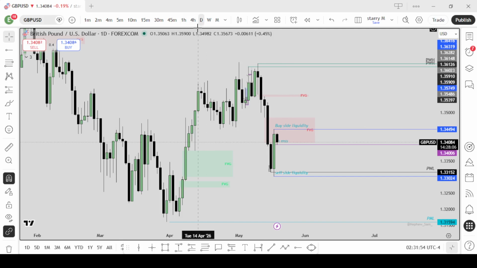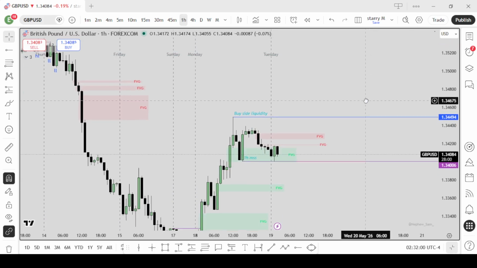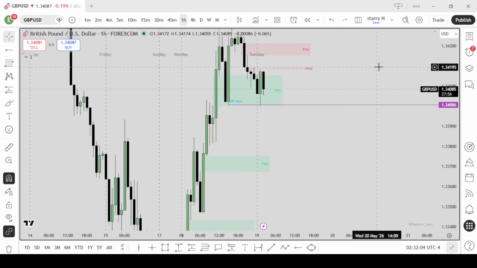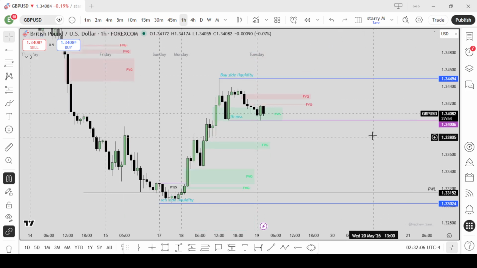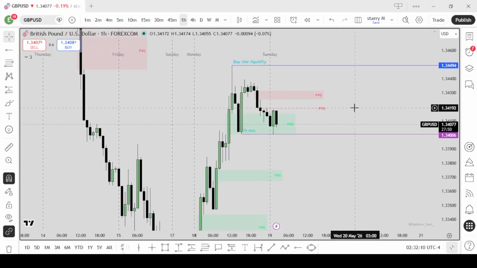So on the 1 hour, what do we see? Remember, if we are bullish, the lows are protected. Oh, I had not seen this.